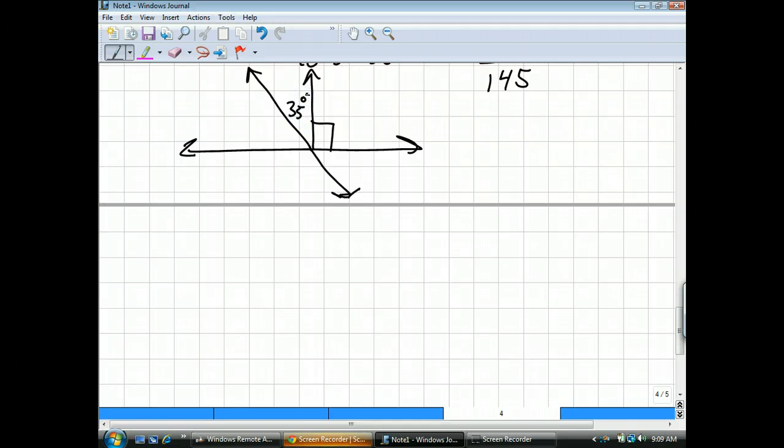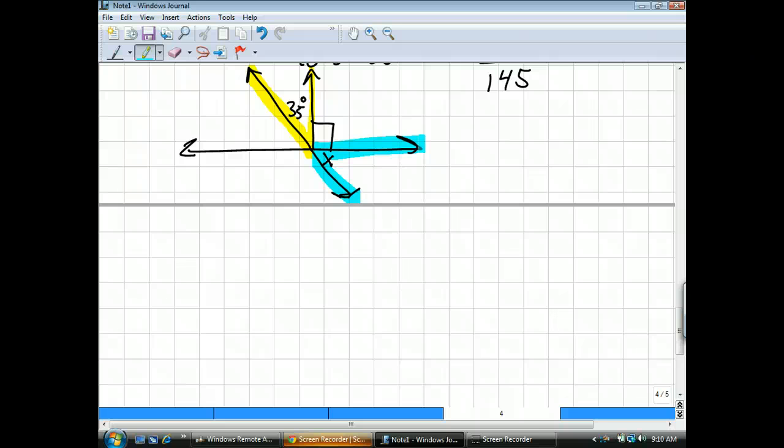Now, I want to know x. So are this angle and this angle vertical angles? To be vertical angles, they have to be formed by the same line.